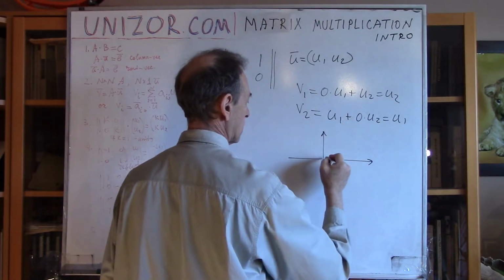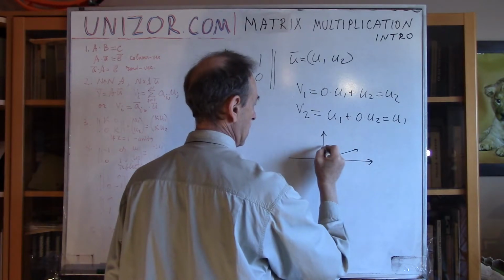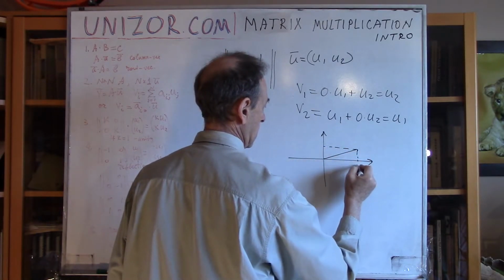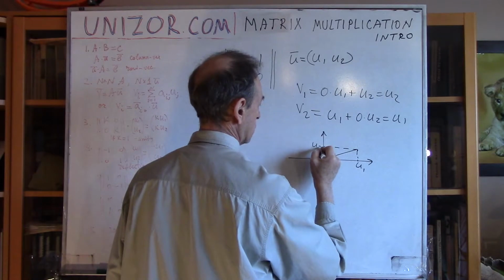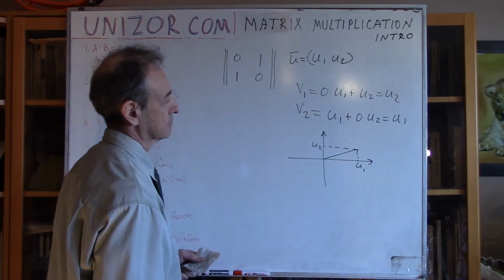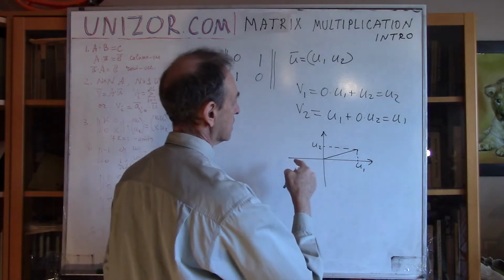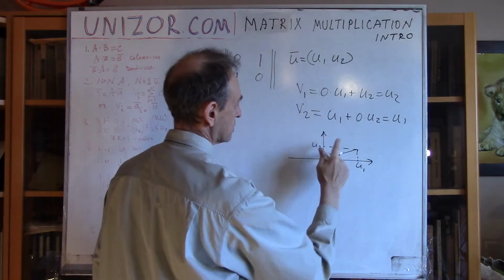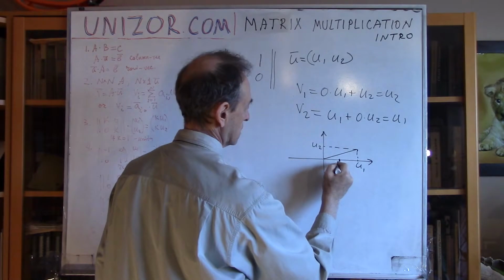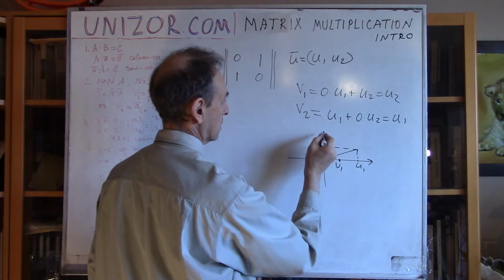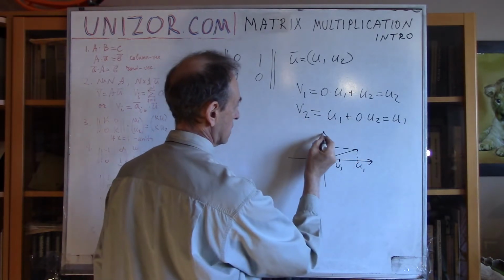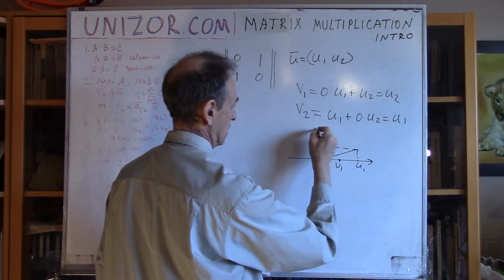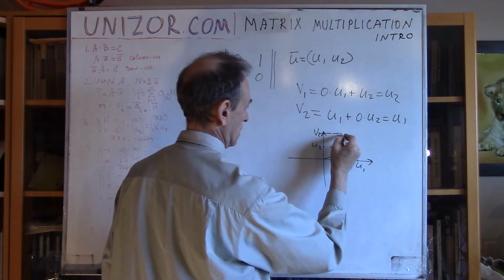So what do we have here? This is u1, this is u2. Now, the new coordinates: the abscissa would be equal to the ordinate, this is v1, and the ordinate is equal to the abscissa, this is v2.